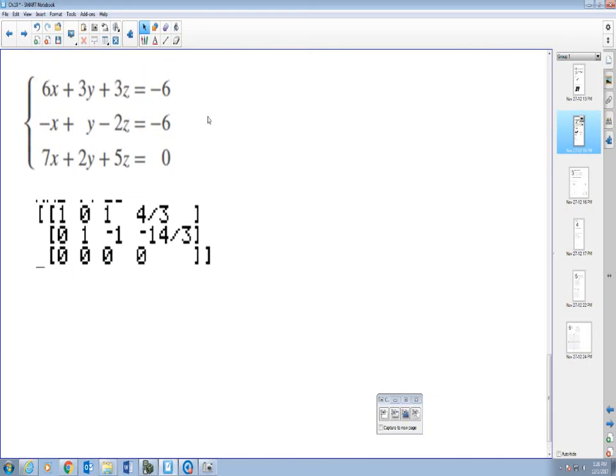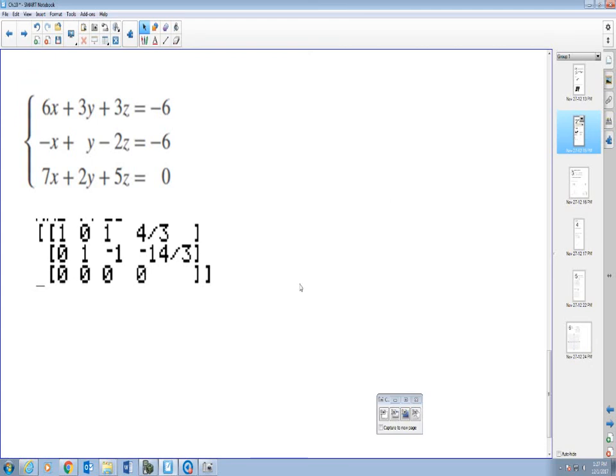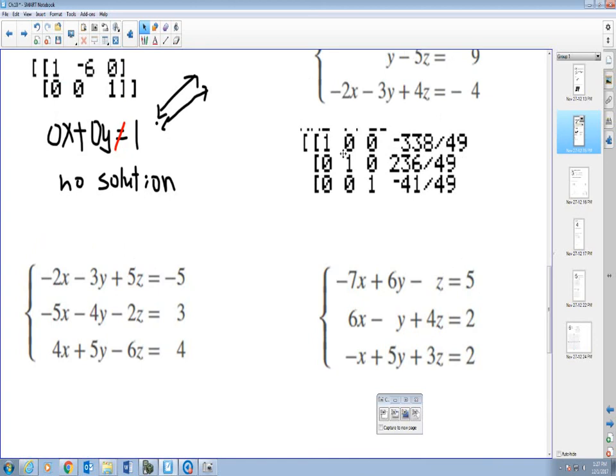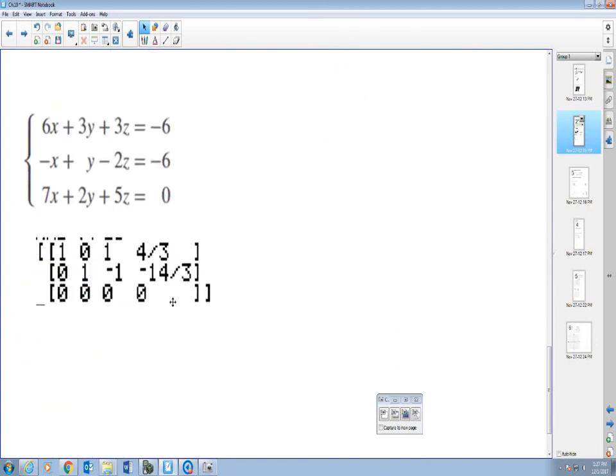Because technically, what is my x and y? Okay? And z. It doesn't really tell you, because all the other answers tell you exactly what x is, what y is, what z is. This one doesn't really tell you. Okay, so when that happens, you actually have infinite number of solutions. That means these lines are actually the same line.